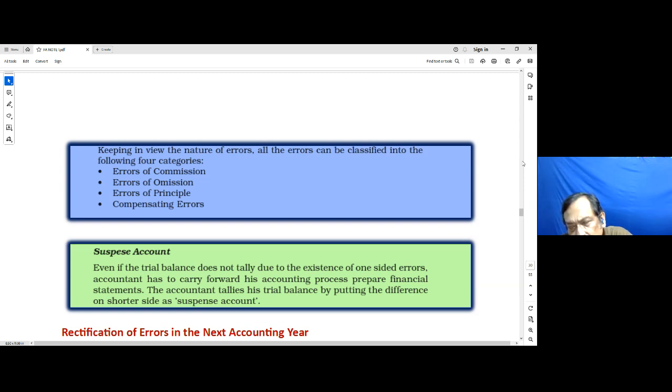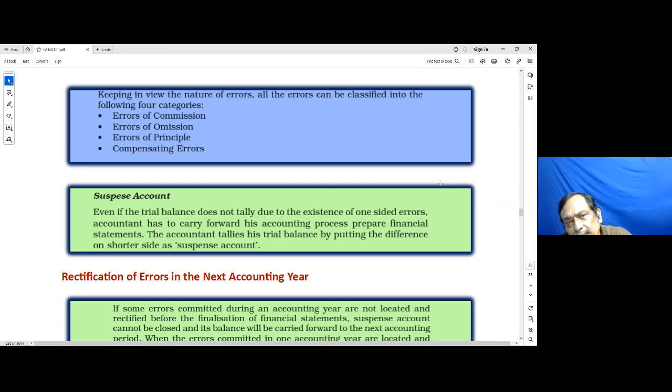That is the correct entry. When you have sold goods on cash, it is cash account debit to sales, or customer's account debit to sales. Now, when you are purchasing an asset, that asset account is a real account. Debit what comes in. Instead of debiting the asset account, you have debited the purchase. Then it is called an error of principle.